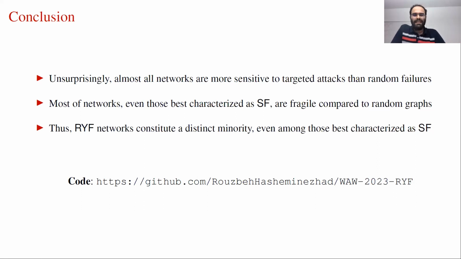And in that sense, we see that most networks in our collection, including those best characterized as scale-free, are only more fragile compared to the baseline of size matching random graphs. And there is not really a trade-off going on. And those networks that adhere to this trade-off and could be called robust yet fragile constitute a distinct minority within the empirical networks that we looked at, even if we focus exclusively on those networks that are best characterized as scale-free.